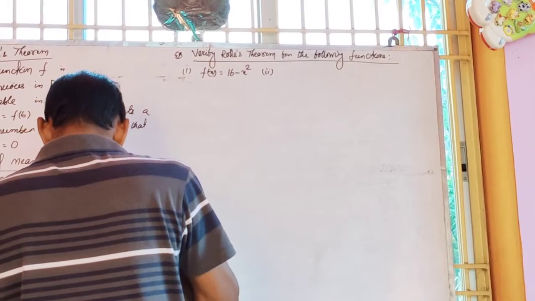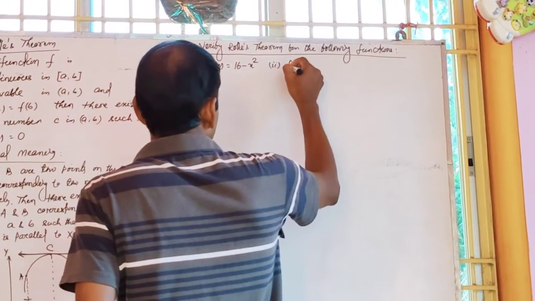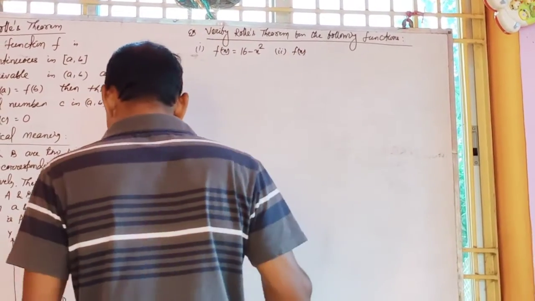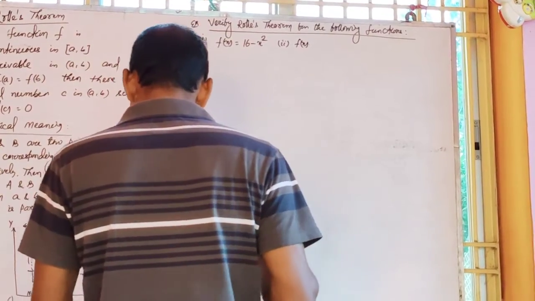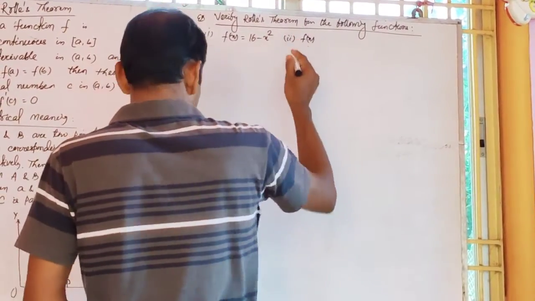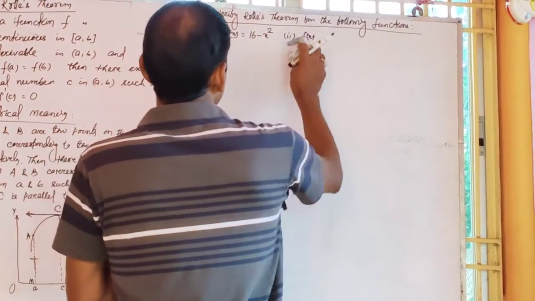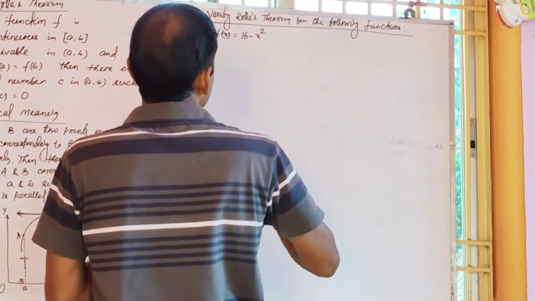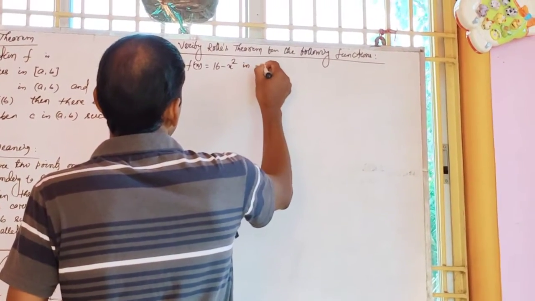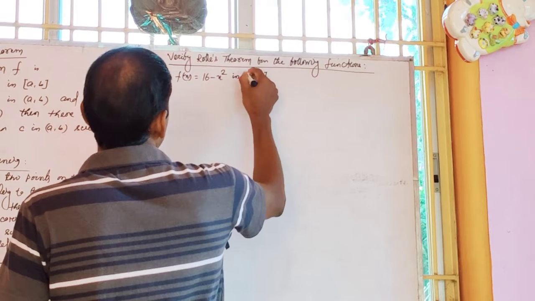The first: f of x equal to 16 minus x square in the closed interval minus 1 to 1.